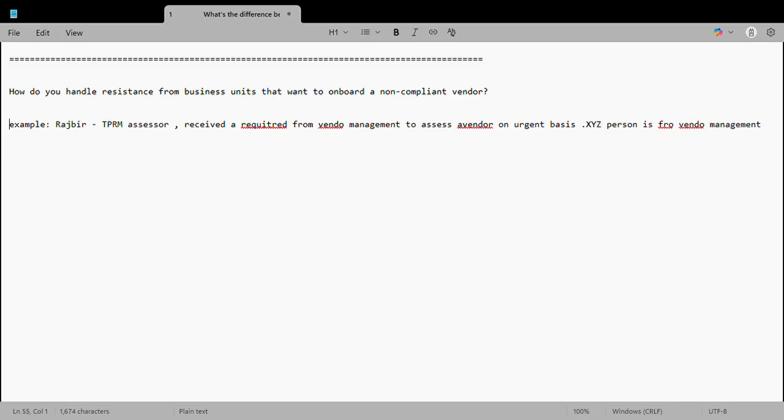Great. Okay, as you can see, there is an urgency to assess the vendor because of the critical hiring required from the management side. So I started assessing the vendor and I observed that the vendor is lagging in policy documents. For example, BCP, DR and security incident policies are not up to the mark.